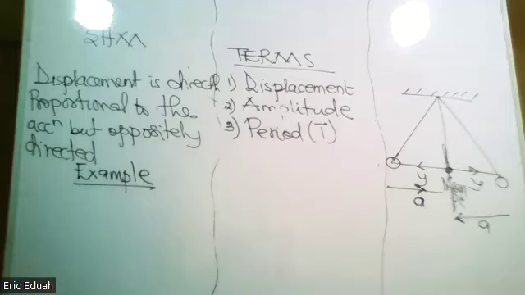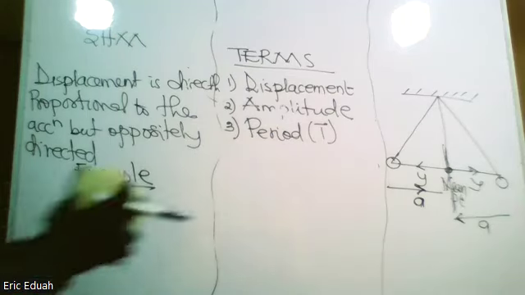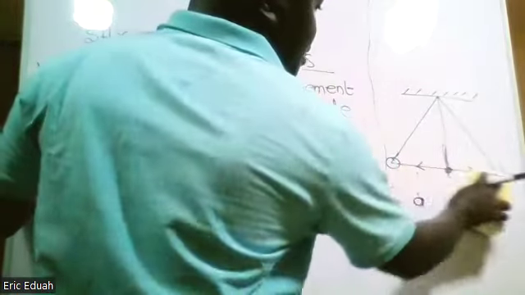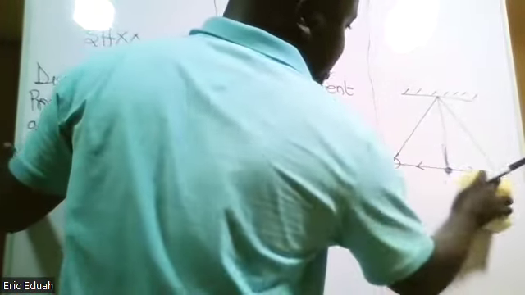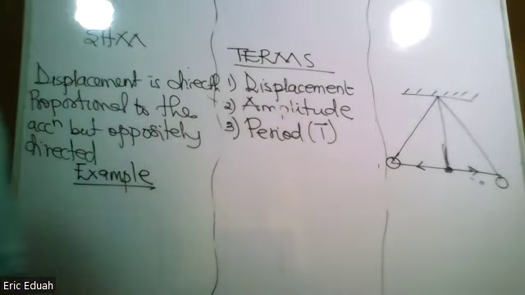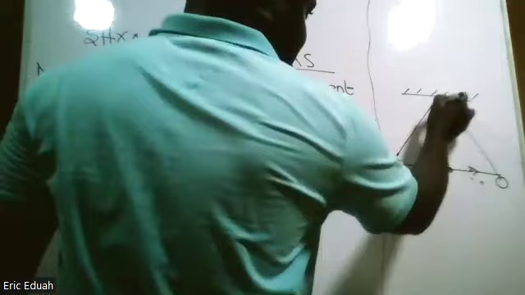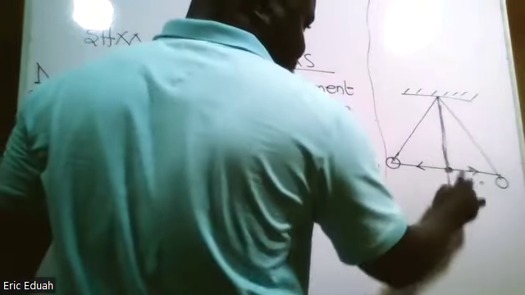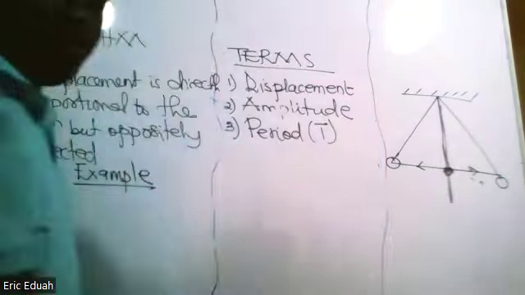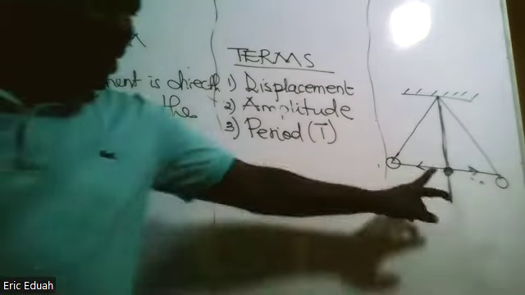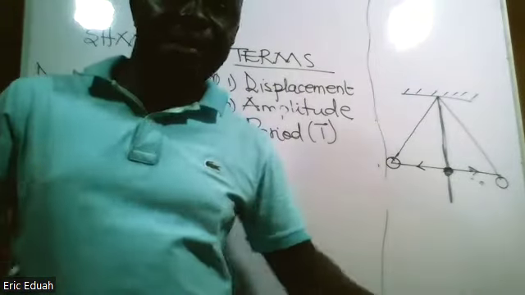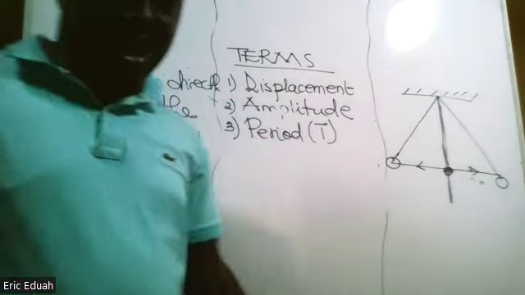What is one complete oscillation? A body executing simple harmonic motion is such that this is the equilibrium position, rest position. It is the equilibrium position because at this position, there is no net force acting on it.